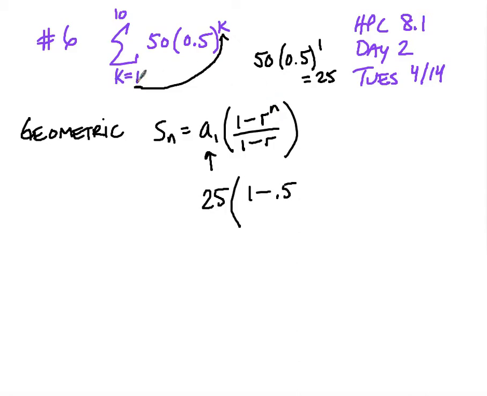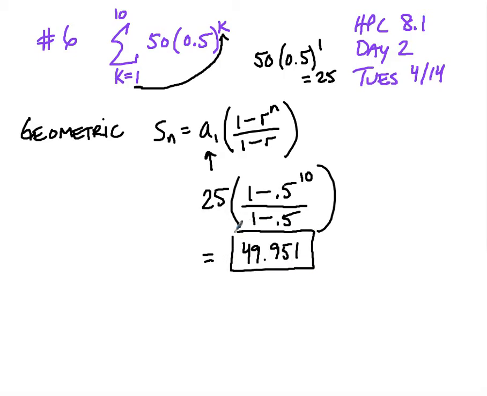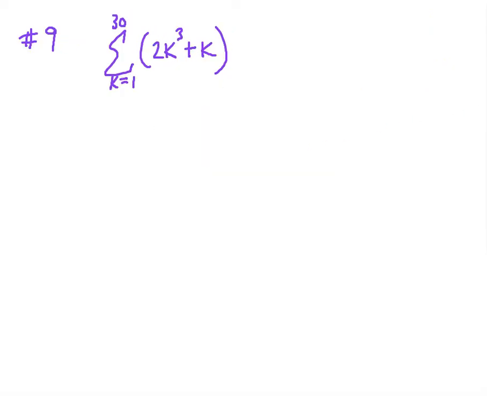N is the number of terms, from 1 to 10 is 10 terms, and then over 1 minus 0.5. And when you type that in your calculator, you will get 49.951 for your answer. So I think the main problem was that right there, thinking it was 50 when really it's 25.